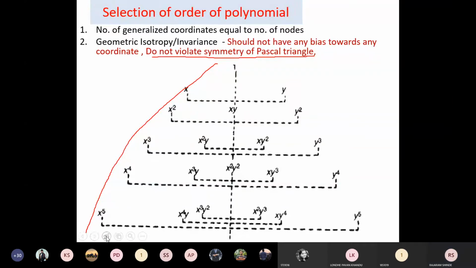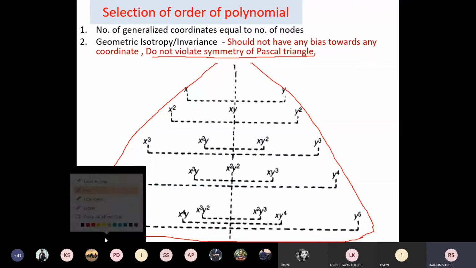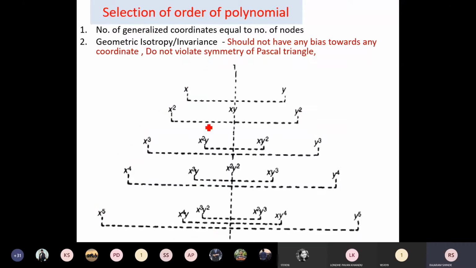You can see here, from here to here, this one is Pascal's triangle. Now your element should not violate this Pascal's triangle.